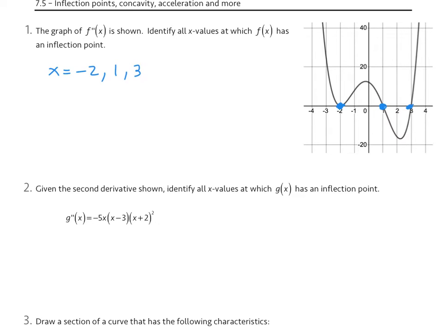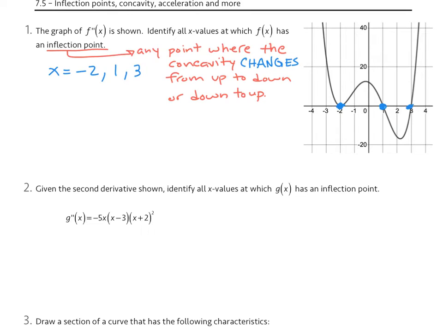However, I have given you this scenario to think about because I want you to review the fact that the inflection point is where the concavity changes from positive to negative or negative to positive. Now, considering that, if we look at the second derivative graph again, right here, the second derivative is positive, so the original function is concave up.